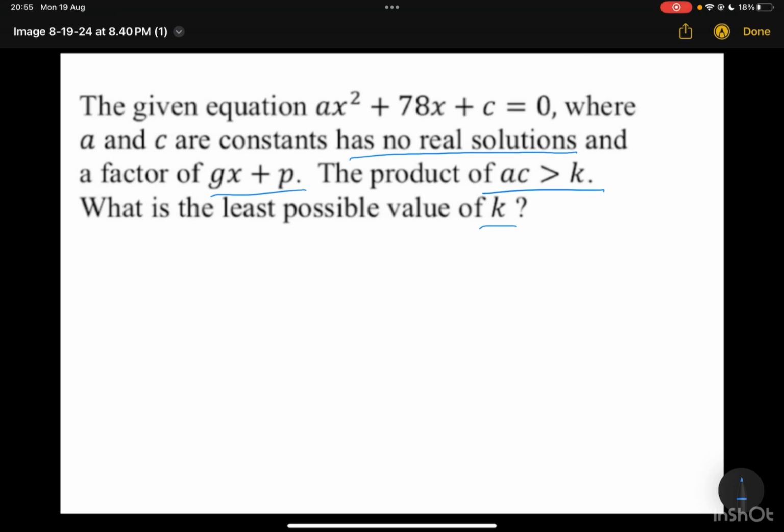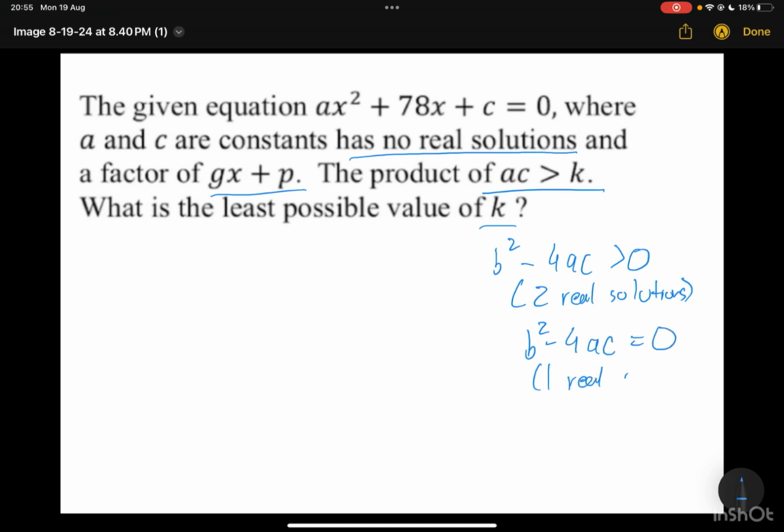For our discriminant values, the types of solution are written as b squared minus 4ac greater than 0, which means we have two real solutions. And b squared minus 4ac equal to 0, which means we have one real solution.